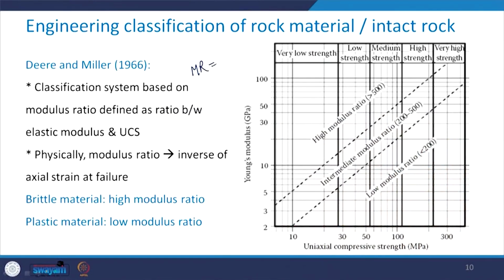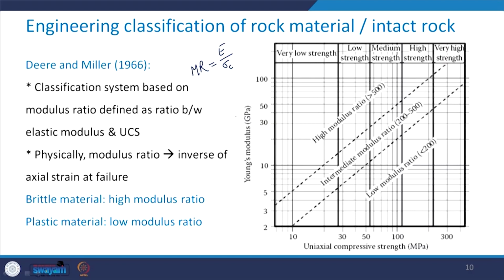Another classification system was given by Deere and Miller in 1966. This classification system was based upon a quantity, that is the modulus ratio, which is defined as the ratio between the elastic modulus and UCS. So, if I just write, this modulus ratio was defined as E upon sigma c. You know that this is how we represent the UCS, sigma c.